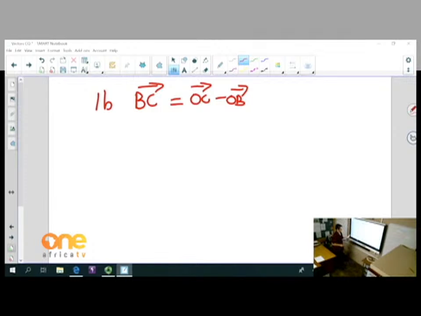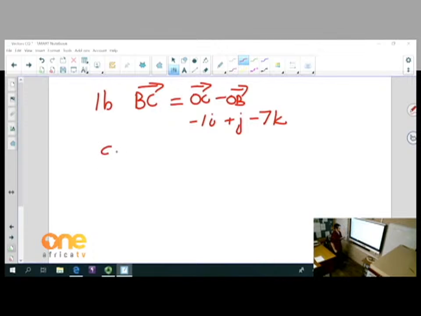So now I'm going to take OC, and it's then 3 minus 4, which gives me negative 1i, and then 0 minus the j, so minus minus j is plus j, and then the negative 4 minus the 3, because we are subtracting, so minus 7k. So there is the vector BC.